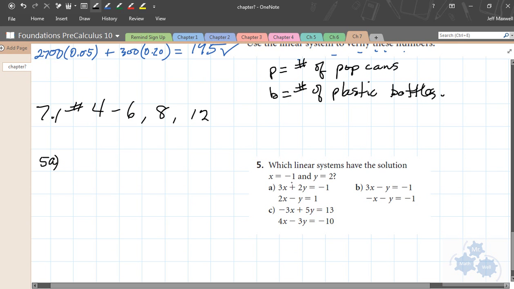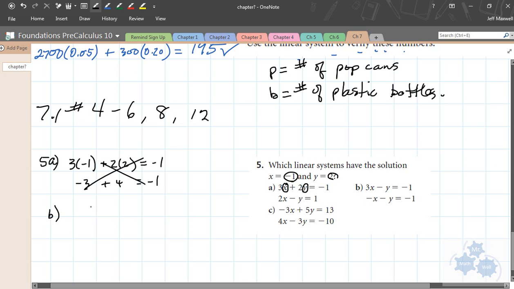So I'll just do 5A for you again. Which system has the solution x equals -1, y equals 2? You're simply putting -1 in for x and 2 in for y to see if the equation is true. Okay, so it looks like this. So right away with this first one, it looks like -1 and 2 is not a solution for this first equation. So I guess it's not a solution for this one.